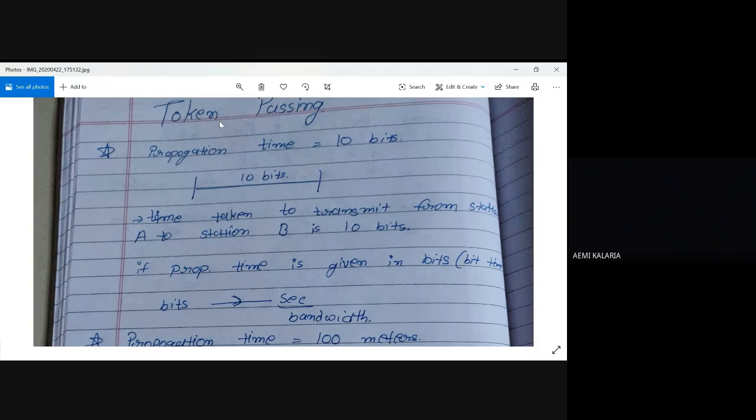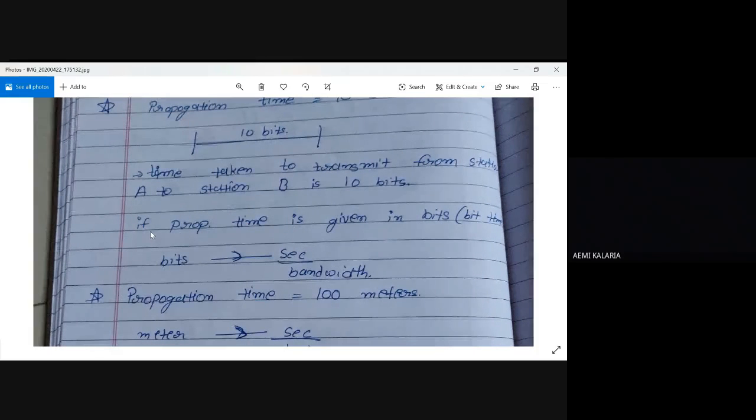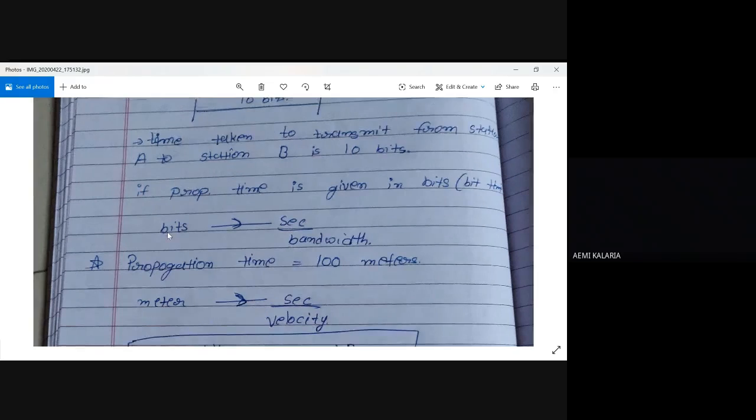Now, during this token passing, if you want to convert this, what are we supposed to do? If propagation time is given in bits, then for bits to second conversion you have to simply divide by bandwidth, right? So if you do bits divided by bandwidth, then my bits are converted into seconds.